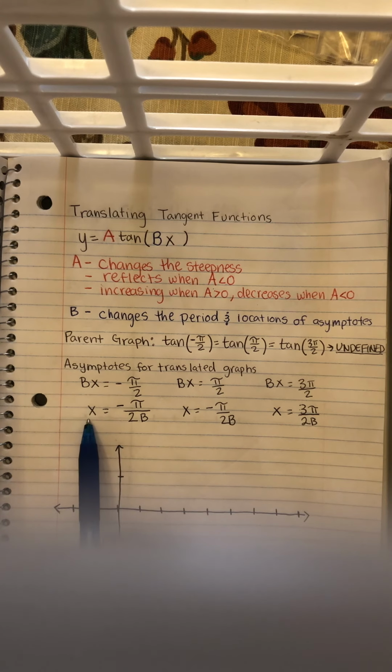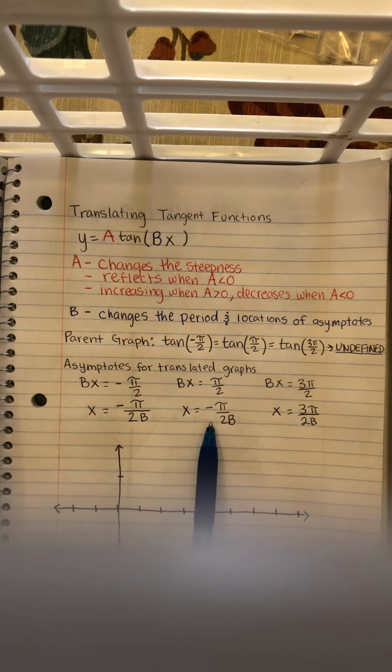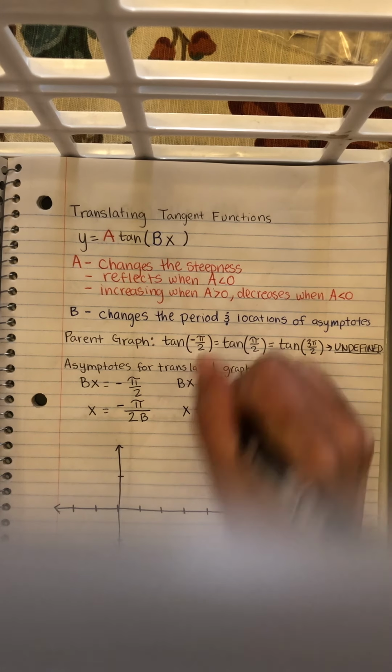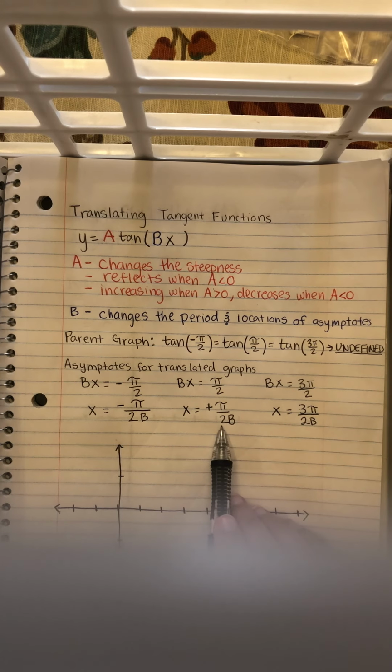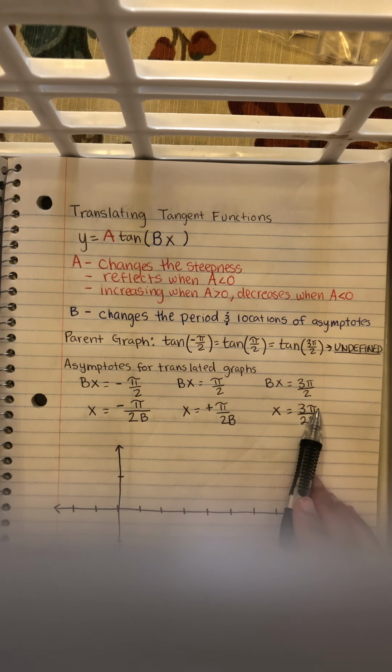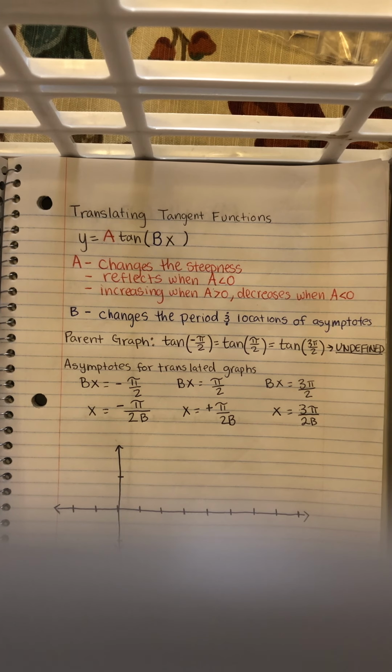So when I solve for x in each of these situations, this should be a plus sign. We have negative pi over 2b as our first asymptote, pi over 2b as our second asymptote, and 3 pi over 2b as our third asymptote.